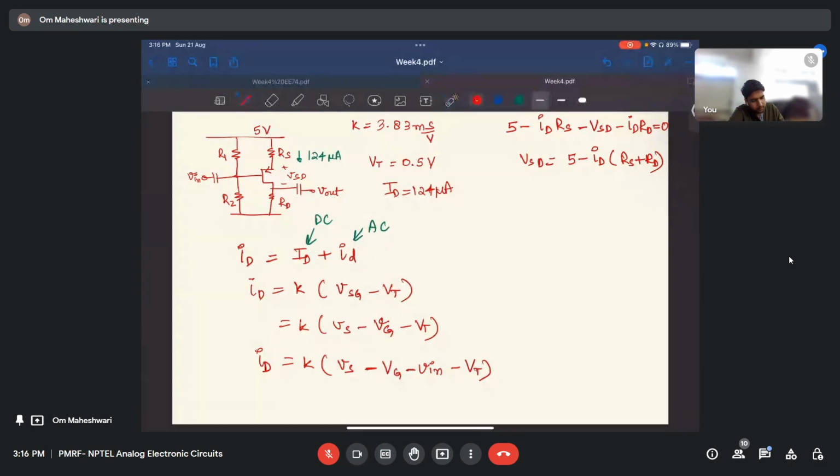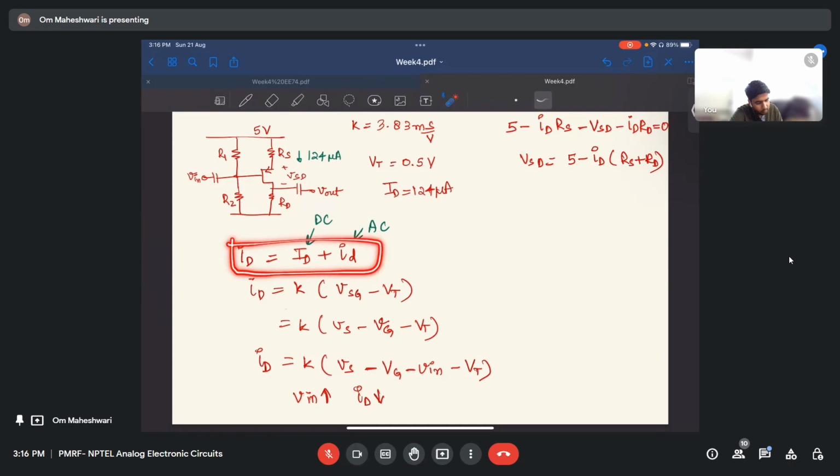So V in increases, ID decreases. Since this ID is the sum of both DC and AC currents, the total current cannot be negative through this circuit if it is giving some gain.